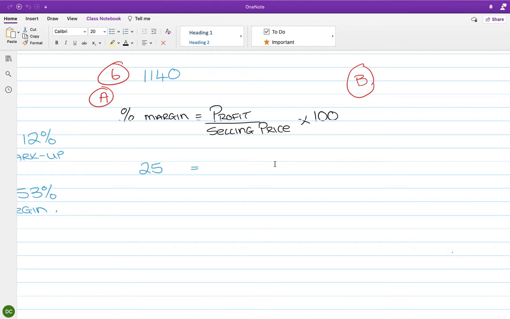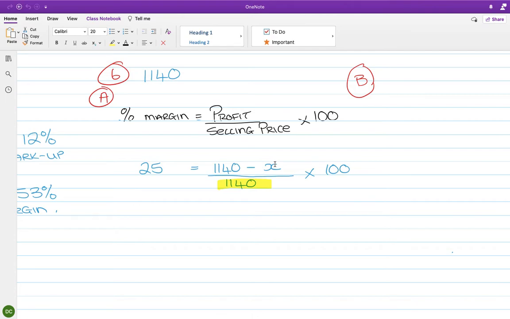We know the selling price was 1140. To get the percentage, we would have had to multiply by 100. And we know that the profit is the selling price minus, if we can figure out what the cost price is. Yeah? So this is actually working it out based on the selling price because I have the selling price there.